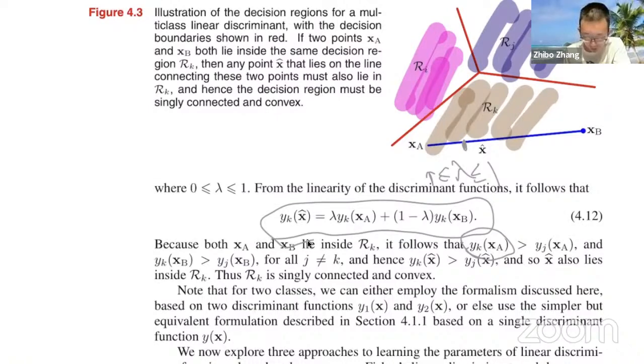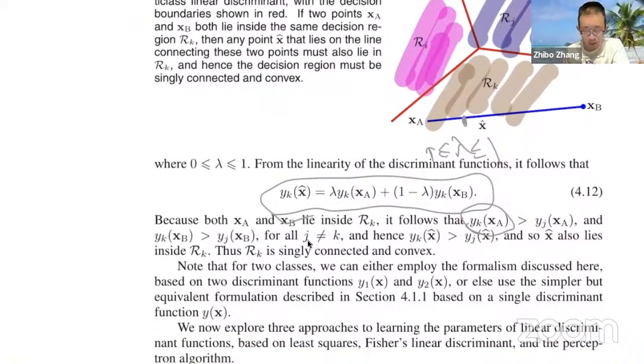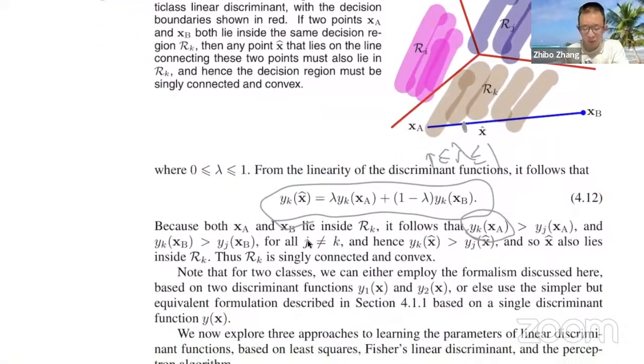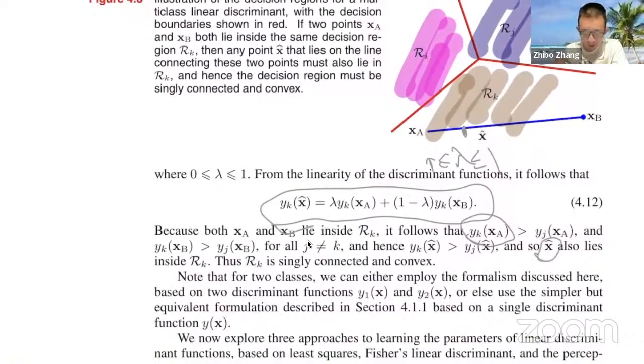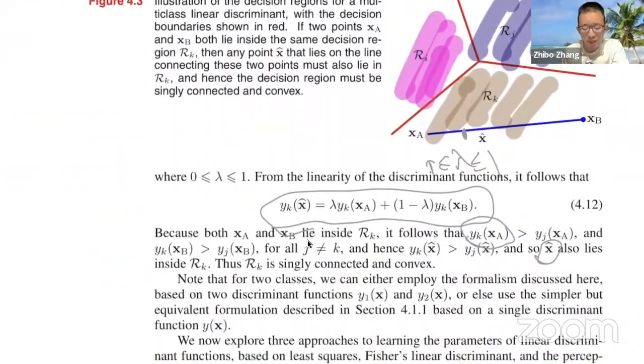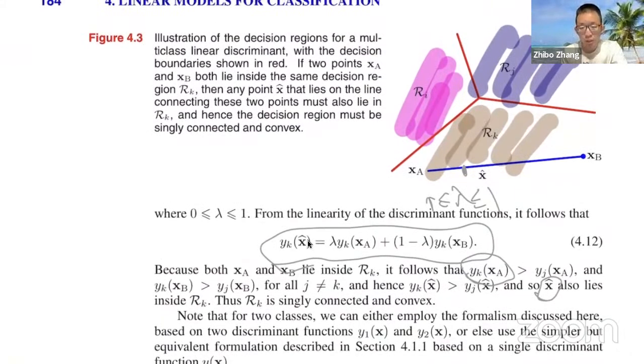This just tries to show that any point that falls on the straight line connecting xa and xb always falls into RK.